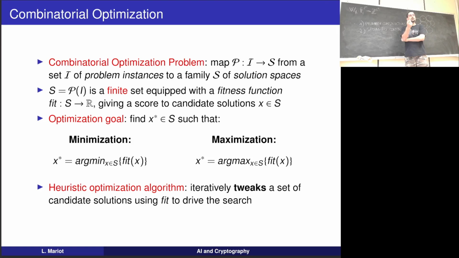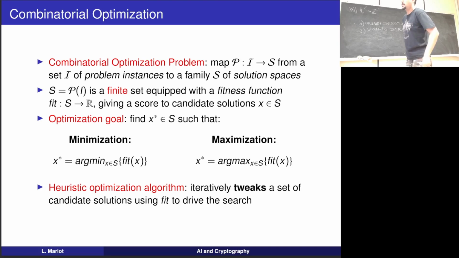And then we use this fitness function to drive the search, the optimization process. So to get to the minimum or the maximum, hopefully a global minimum or a global maximum. Most likely it would be a local optimum, but maybe it will be good enough.